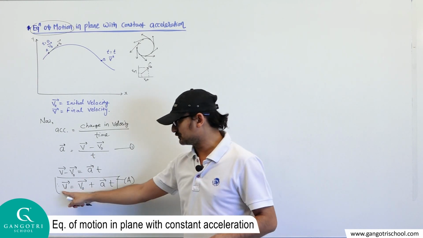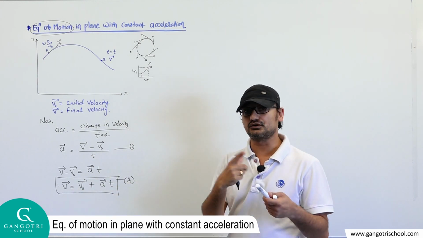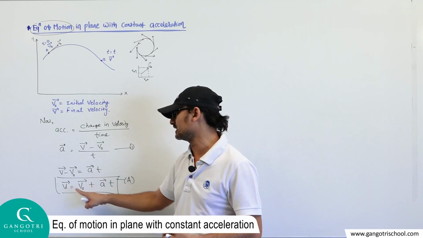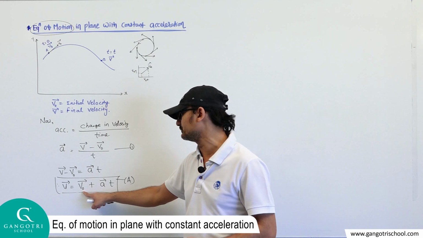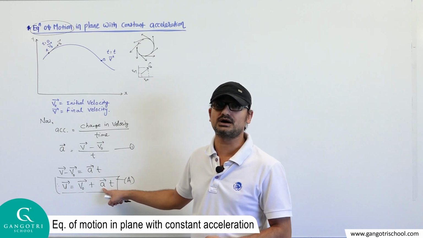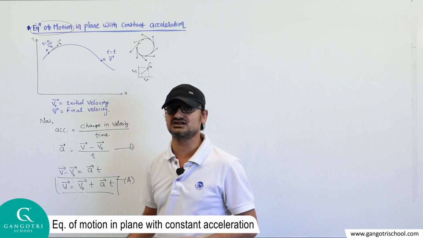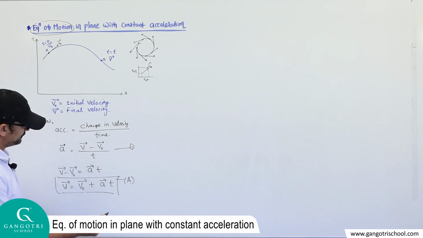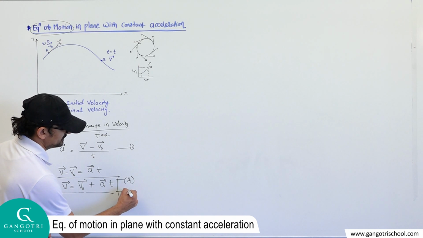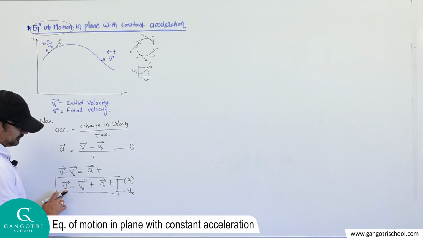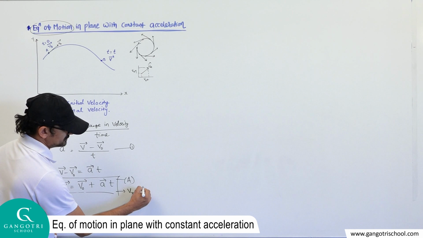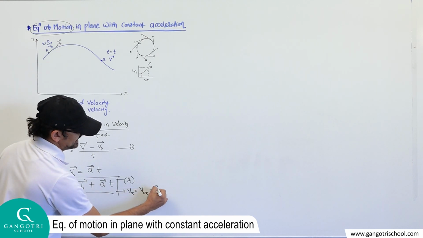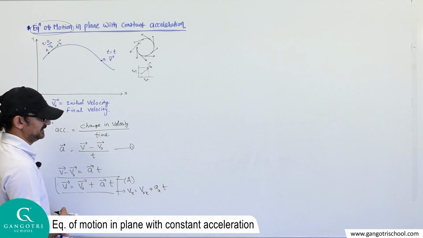So if you would like to write this equation in terms of its components, like we know that v is the final velocity, but it has two components. v0 initial velocity has two components. Acceleration may have two components because the object performs two-dimensional motion. So this equation can be written in this way: x component of final velocity equals x component of initial velocity plus x component of acceleration into t.